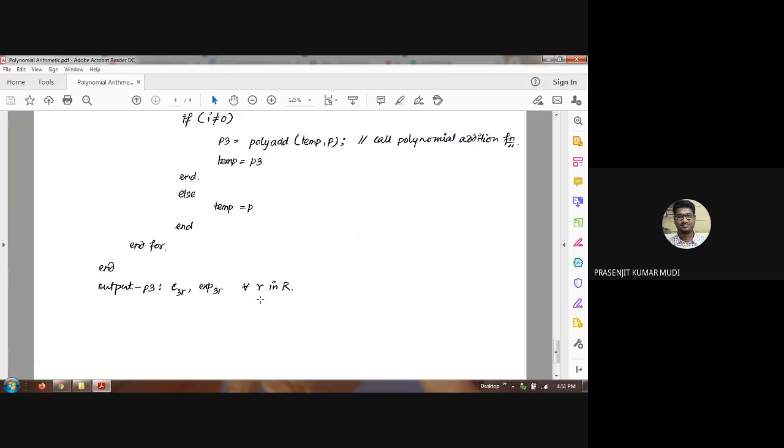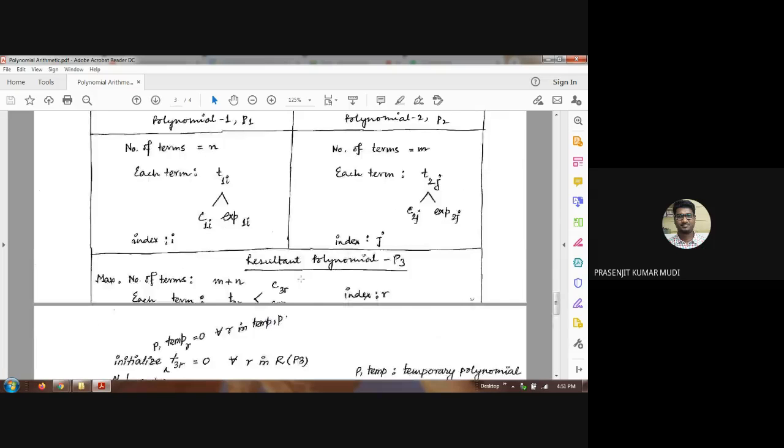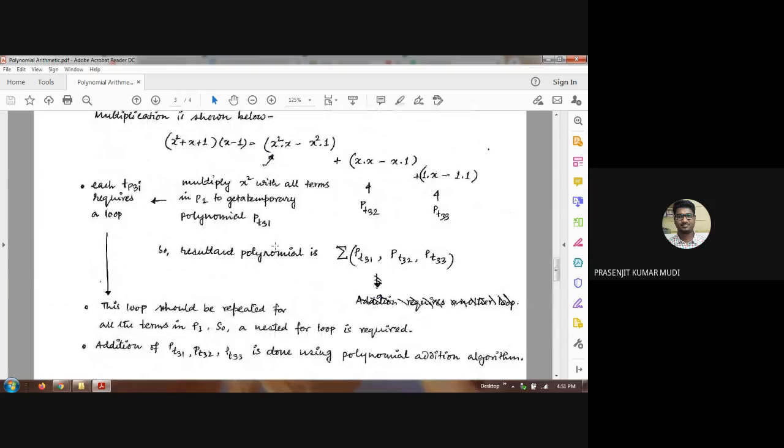That is the meaning of for all terms in capital N. Capital N is the resultant polynomial. And that's the algorithm development of polynomial multiplication. It's not a very tough task, just whatever basic fundamental things we learned in our school days, applying that fundamental logic, we have developed the algorithm. It's very simple.